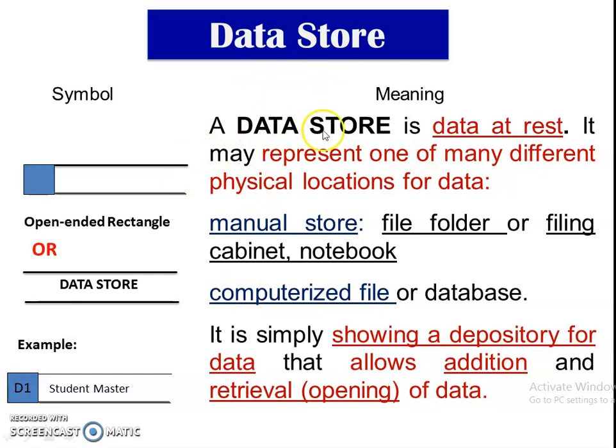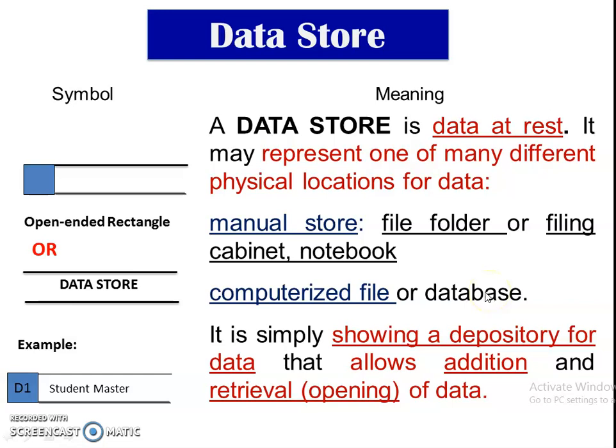The third symbol is the data store symbol. The data store represents data at rest. It may represent one of many different physical locations for data. If you are talking about a manual store, you can name it like a file folder, a filing cabinet, or a notebook. But if you are talking about a computerized storage, you can put the computerized file or the database.